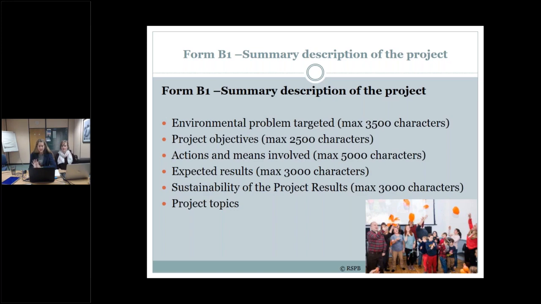Expected results should not be project objectives, so they're different from the project objectives, but they should be the outputs and quantified achievements, allowing the project to reach its objectives. These must be concrete, realistic, and quantified as far as possible. You will need to start to think about how you will verify these projects. So please think about what indicators you will use.